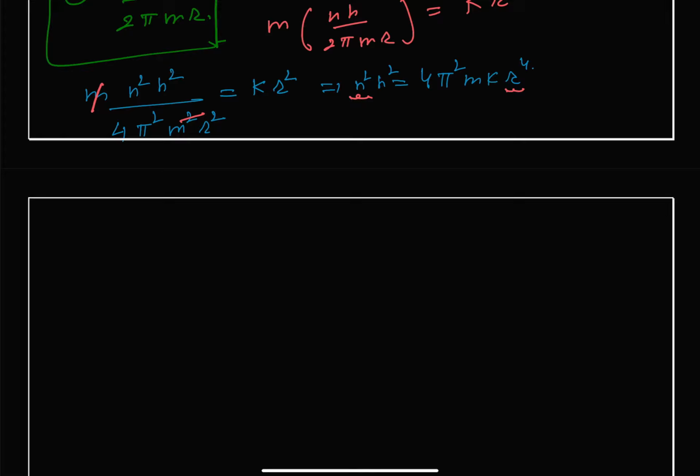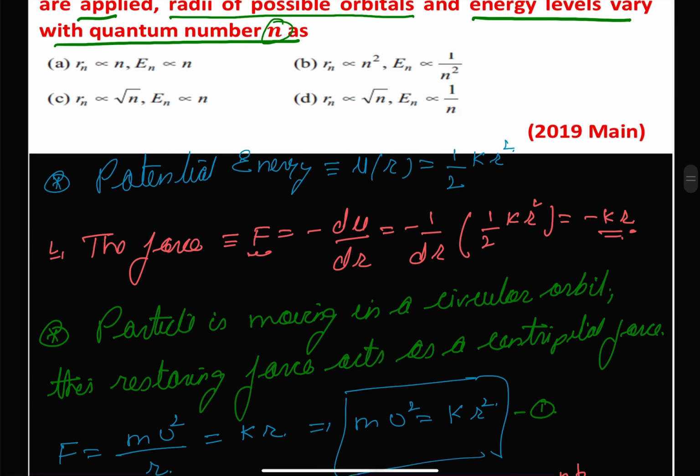So we can say our r raised to 4 is proportional to n square, or we can say that r is proportional to square root of n. So we get one of the options. So option A and B cannot be correct. Only option correct is C and D.